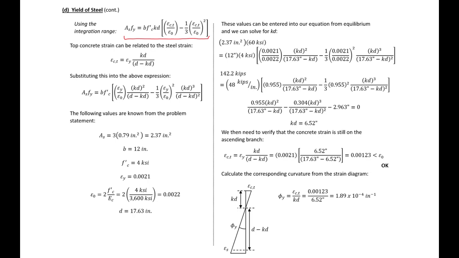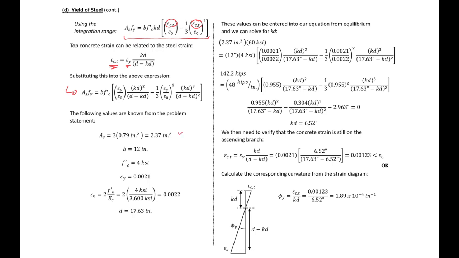We can then relate our top concrete strain to our yield strain, so that we can get it down to kd being our only variable. Substituting this top concrete strain expression into our equation above, we'll get this equation here. And we can plug in all of our known values.